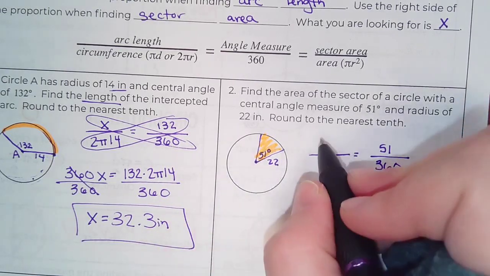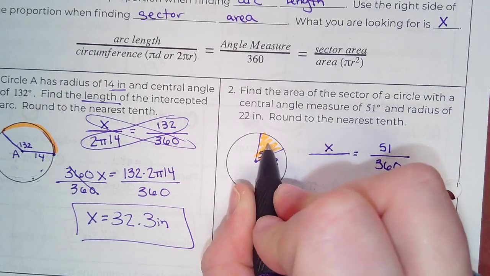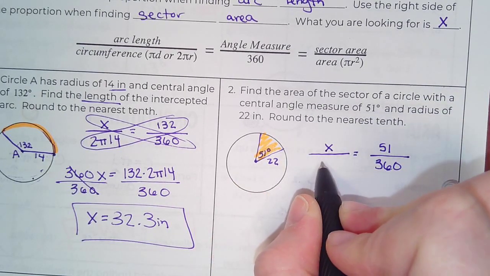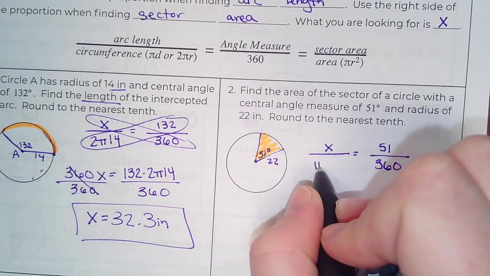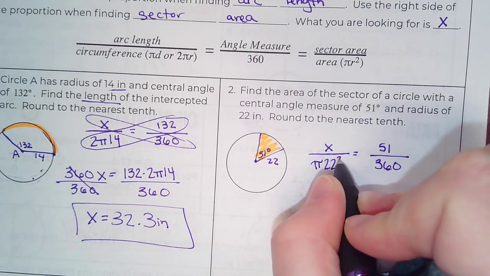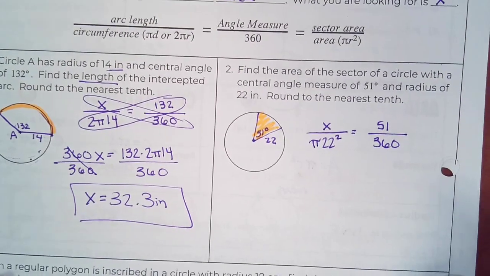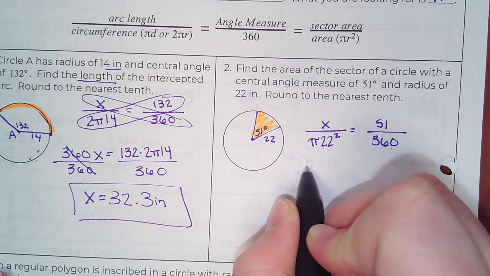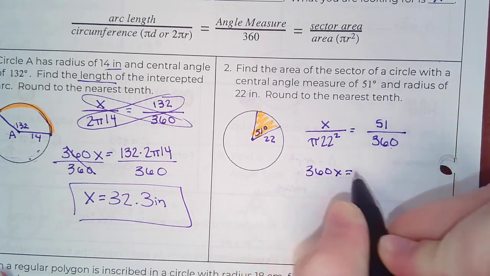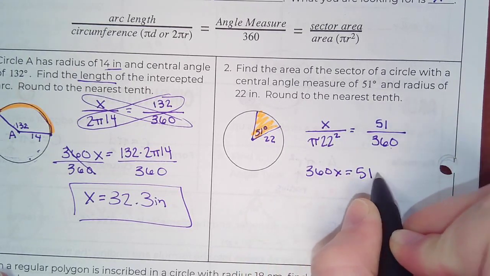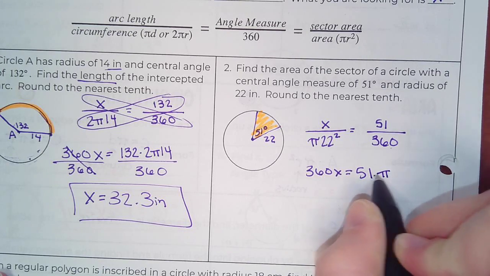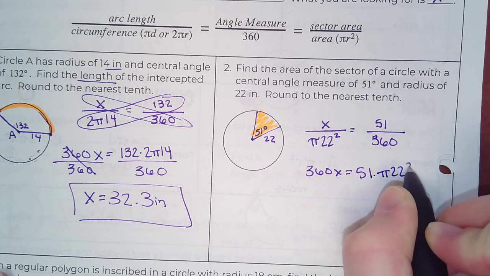So the ratio will be our missing sector area over the entire area, which is pi r squared, so pi 22 squared. Cross multiply, 360 times x is 360x equals 51 times pi 22 squared.